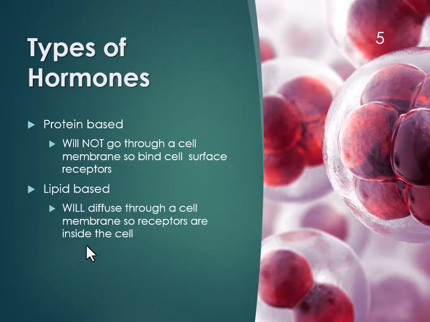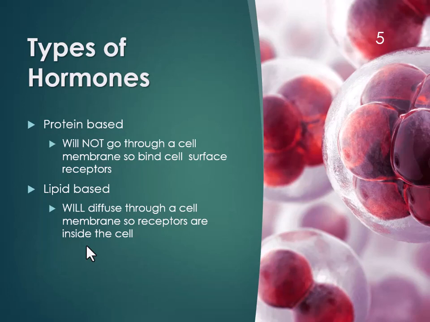Protein hormones are made of protein or amino acids, the building blocks of proteins, and because they're proteins and water soluble, they will not go through a cell membrane. So the receptors for protein hormones are going to be located on the cell surface. Protein hormones never get inside cells. They bind receptors on the surface of cells.